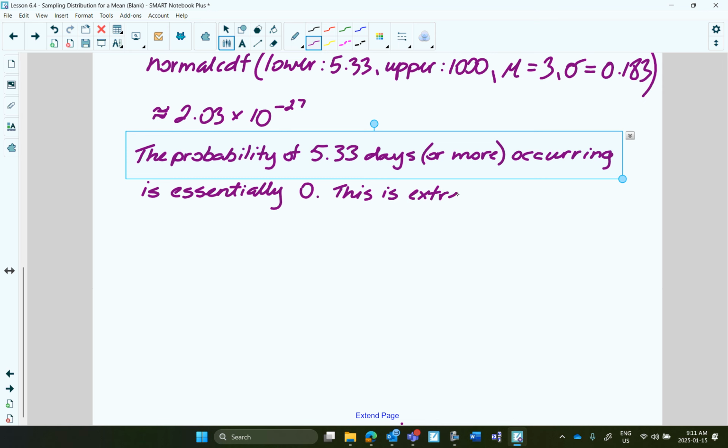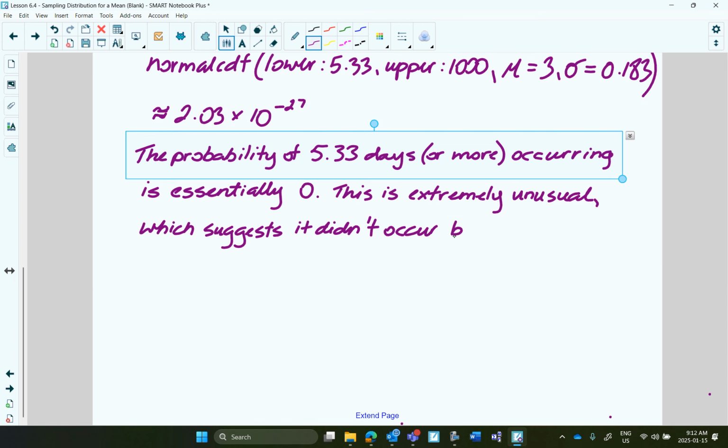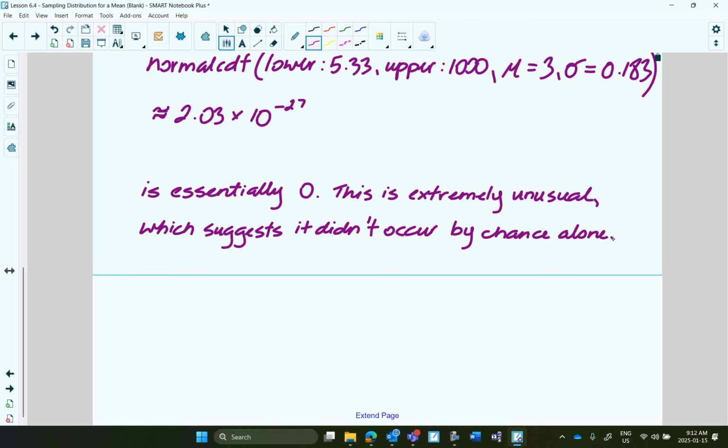We couldn't have got that by just chance, by sampling variation, which suggests it didn't occur by chance alone.